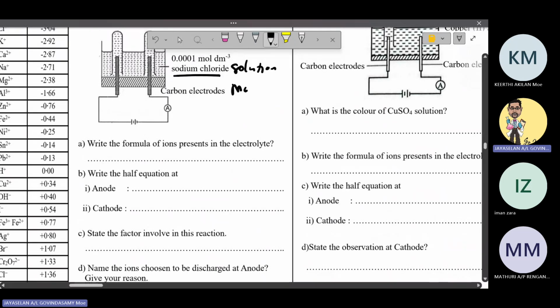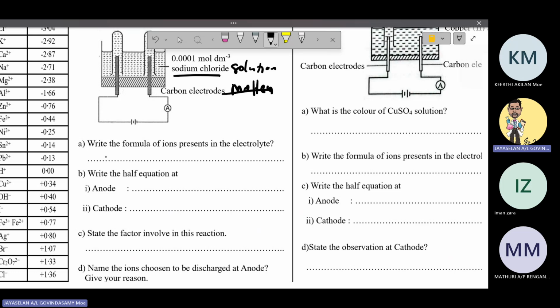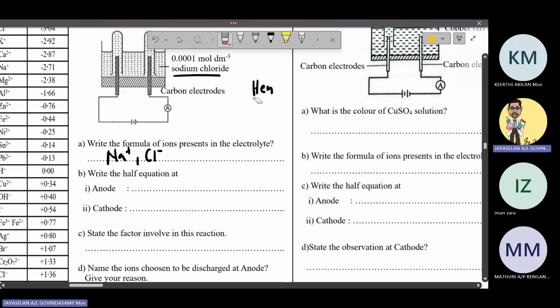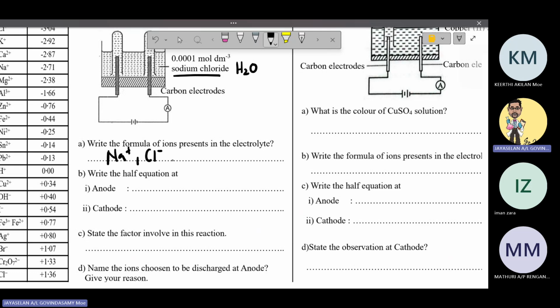Solution, ada tak perkataan molten? Tak ada kan? So, bila tak ada, you write down the formula. Sodium ion, chloride ion. Jangan lupa untuk tambah apa? Jangan lupa untuk tambah water, H2O. So, you put here hydrogen ion, hydroxide ion. You guys already score 1 mark.